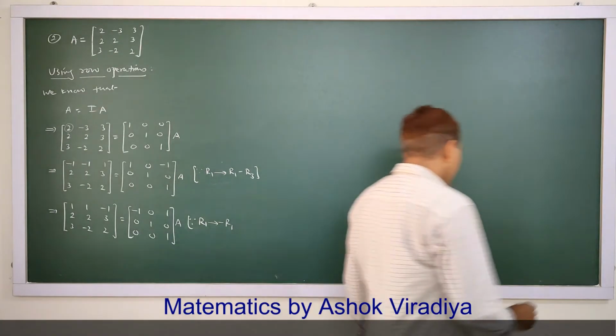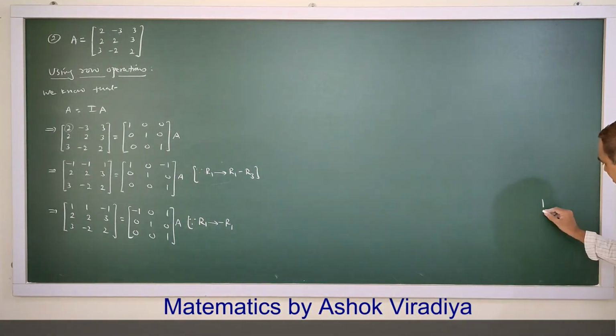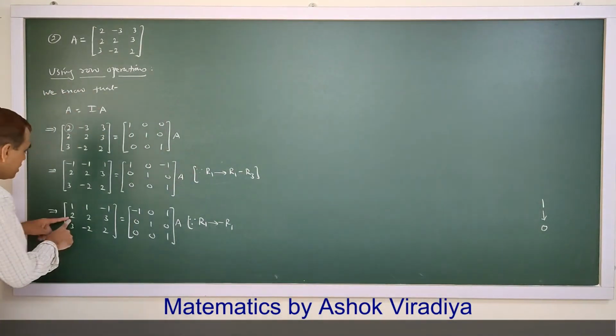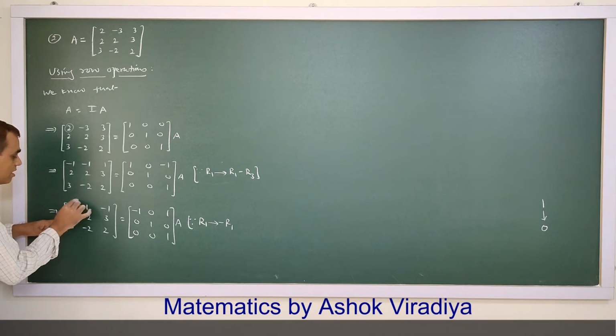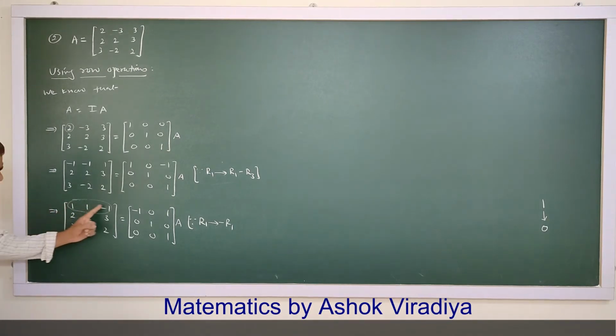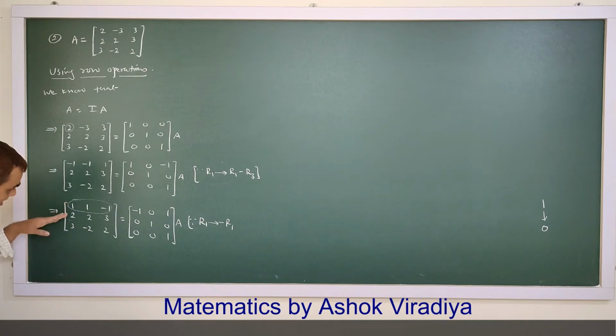After getting 1, next step, below 1 get 0. So to get 0 here, take the help of the first line. After getting 1, easily these two values can be converted into 0. So what do I do? Multiply the first row by 2, subtract here.